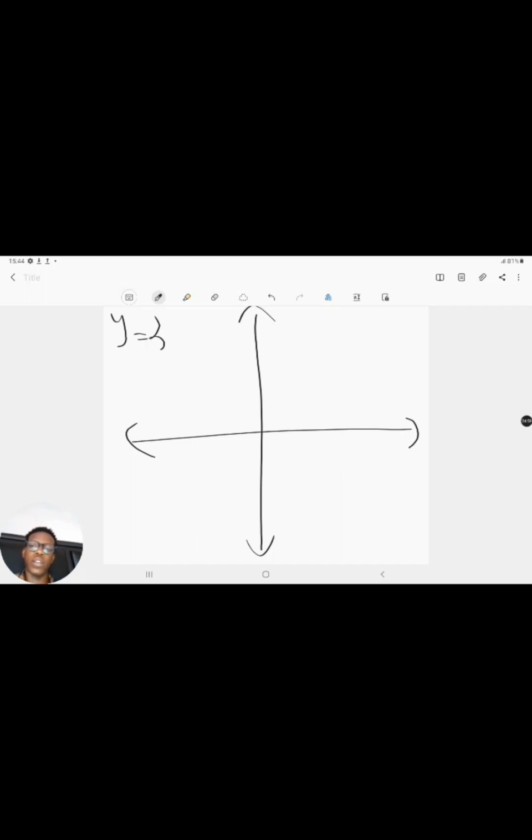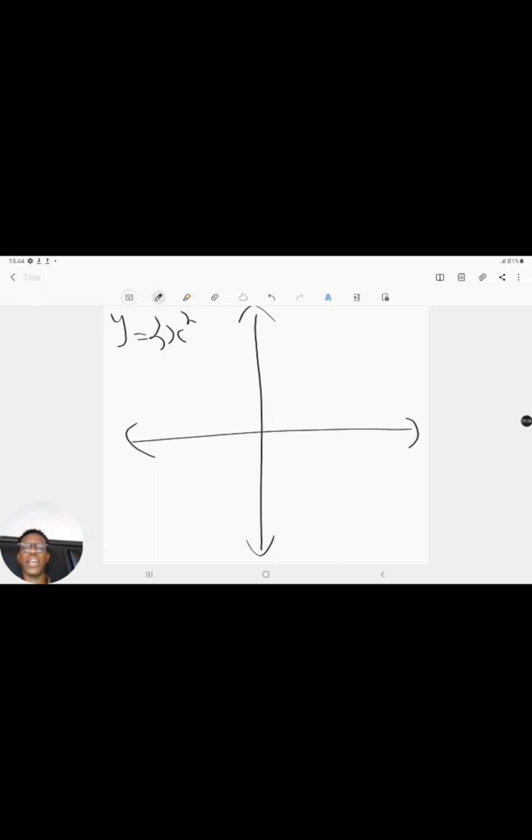Let's move on to the parabola. Now, let's say you've got a parabola that looks like that, given by y is equal to 3x squared.